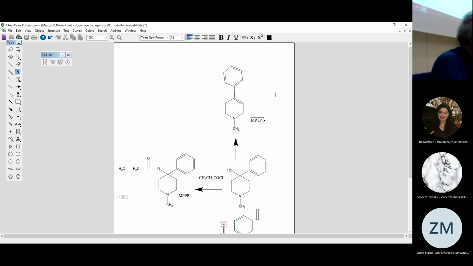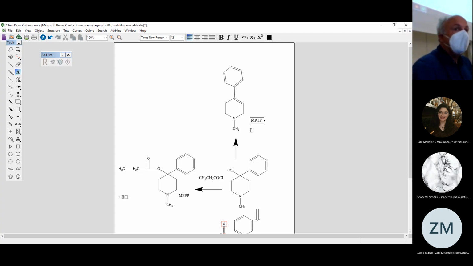We have two products, a mixture of these two compounds. A mixture of MPPP, the desired compound, but with a lot, about 50% of MPTP as contaminant, in a very high amount.